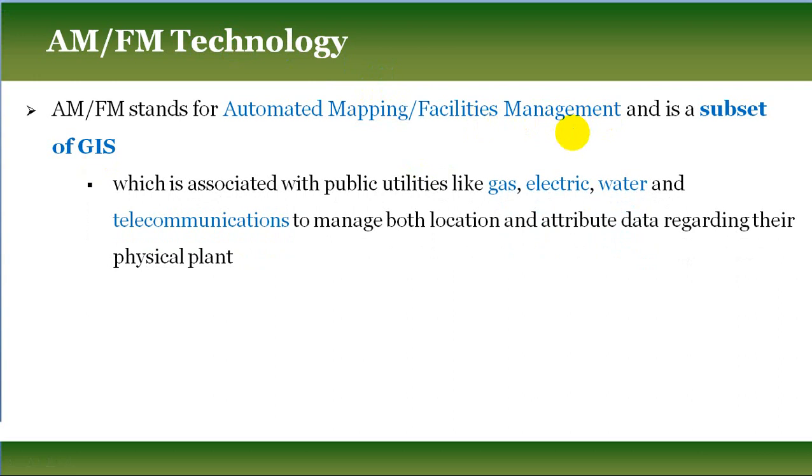It is associated with public utilities like gas lines, electrical lines, water distribution lines, or telecommunication lines, to manage both location and attribute data regarding their physical plants: gas plant, electrical plant, water treatment plant, telecommunication plant. So for handling their related locational and attribute data, AM/FM technology is mainly considered.